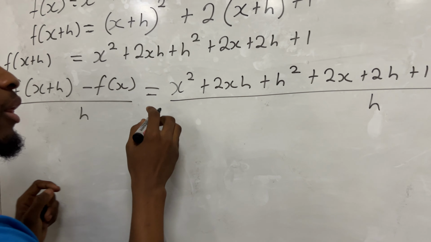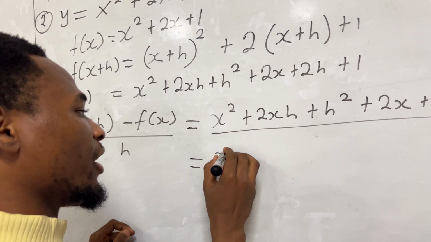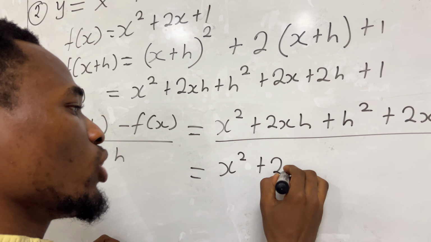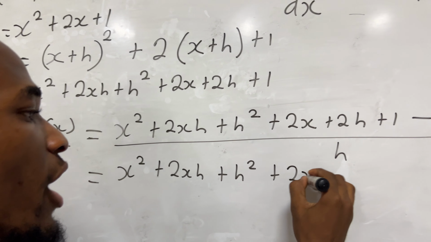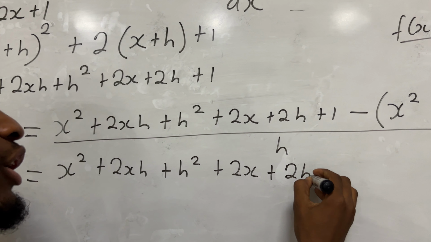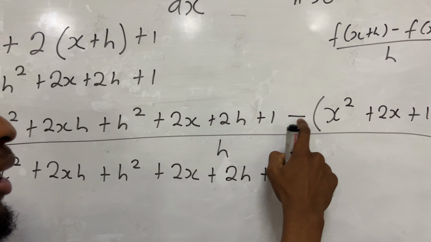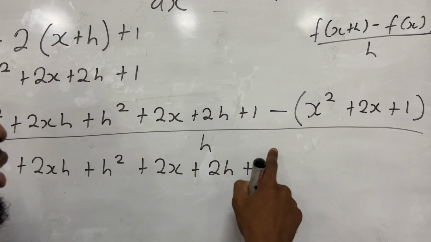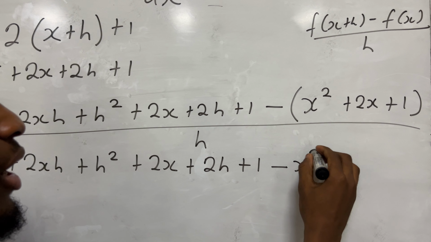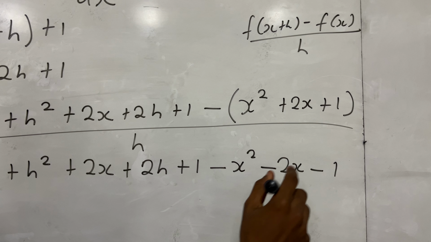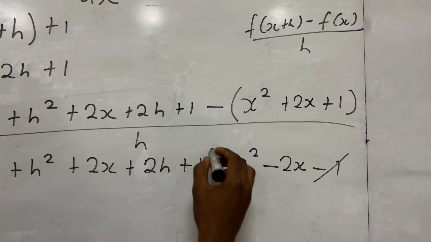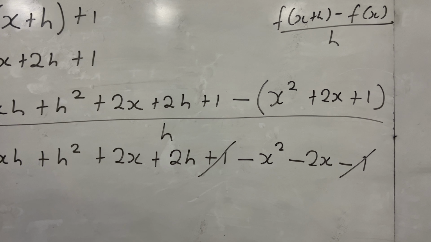So, let me simplify it further. I have x squared plus my 2xh plus my h squared plus my 2x plus 2h plus 1. Then I'll expand using the negatives. So minus x squared minus 2x minus 1. Negative will affect everything here. So clearly negative 1 will take off positive 1.